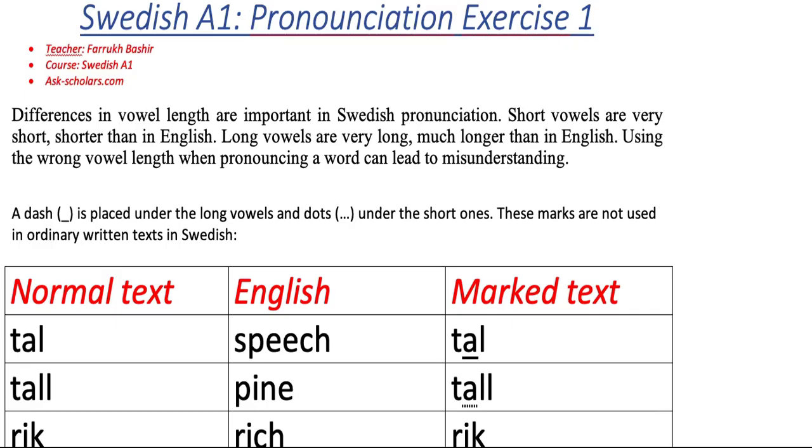So vowel length is very important in Swedish pronunciation. Short vowels are very short, long vowels are very long. Using the wrong vowel length when pronouncing a word can lead to misunderstanding.